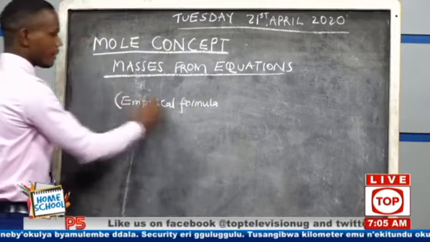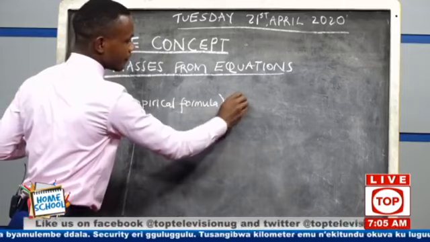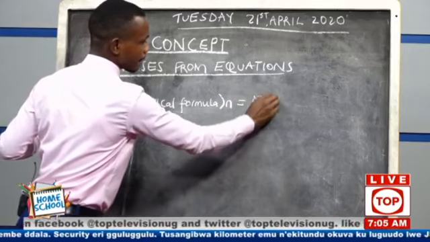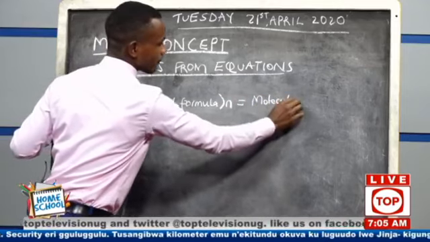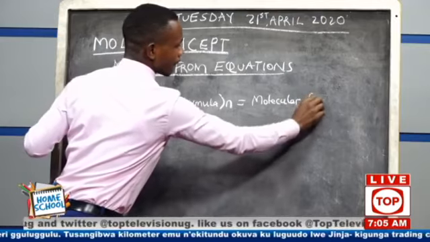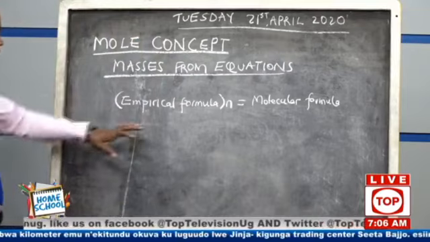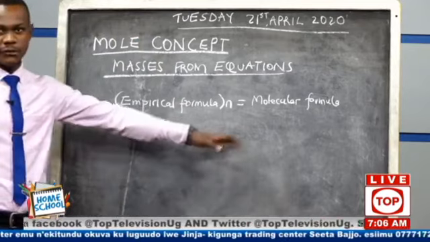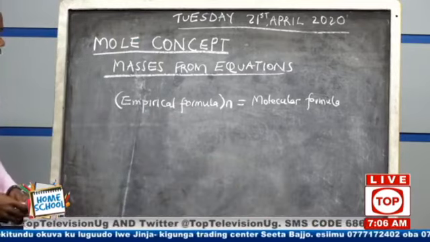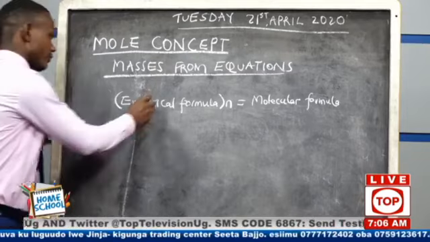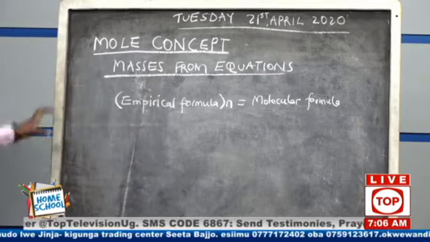Then if you multiply it by a given factor n, you'll be able to get the molecular formula. Once you have the empirical formula, you'll be able to get the molecular formula. That one we discussed yesterday. At least this one you should keep in your head.